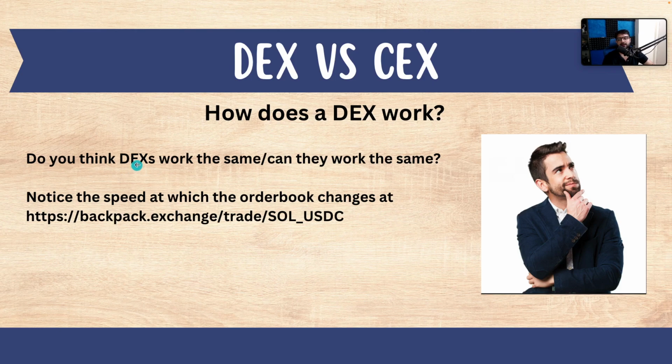But do you think that a DEX works the same way, or can they work the same way? Notice the speed at which the order book changes at backpack.exchange/trade/sol USDC. If you open this market, do you remember how quickly the order book was changing? Can you change the order book that quickly on a decentralized exchange, on the blockchain?